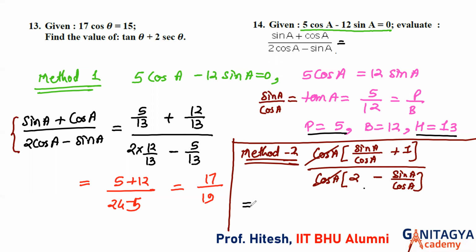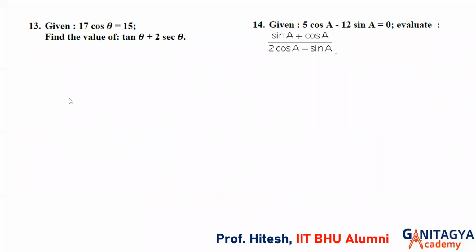So it will be sin a upon cos a, that is 5 upon 12 plus 1 upon 2 minus 5 upon 12. Okay, so again this will give the same answer. So 5 plus 12 is 17, 24 minus 5 is 19, and 12 will cancel. This is also another method. Write it down, let me know when done. Okay, so let me clear this. Now let me move to the next one.